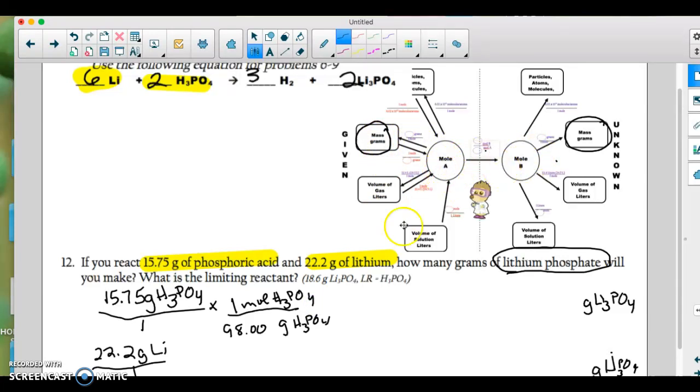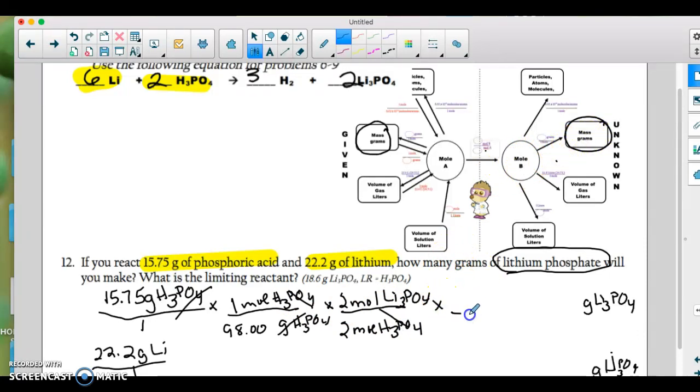Now I'm going to do a mole-mole. My mole-mole ratio, I'm going to get rid of the phosphoric acid, so 2 moles phosphoric acid here, and then I'm going to go to lithium phosphate, so 2 moles of lithium phosphate. So now I'm right here, and now I'm going to go to grams.